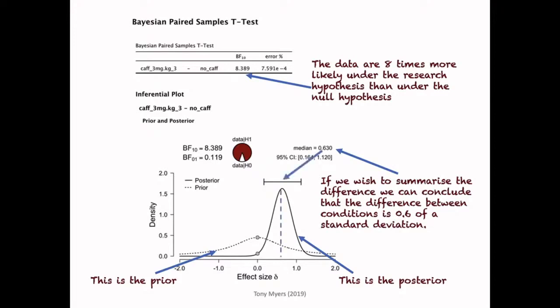That's reflected in the middle of the posterior distribution, the median value of the posterior distribution. That's why it's called the median. And then we get the 95% credible interval, which tells us there's a 95% chance that the true difference lies between 0.164 and 1.120.